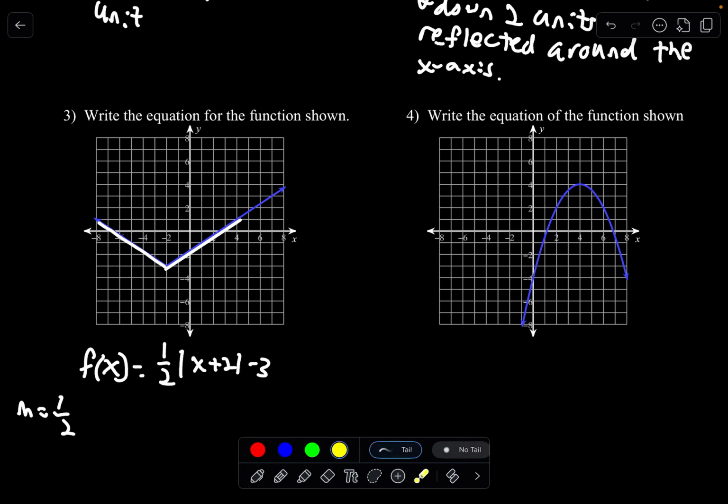Again, I chose the vertex and I saw that I had to go over 1, 2, and up 1. Over 1, 2, up 1. Over 1, 2, 3, up 1.